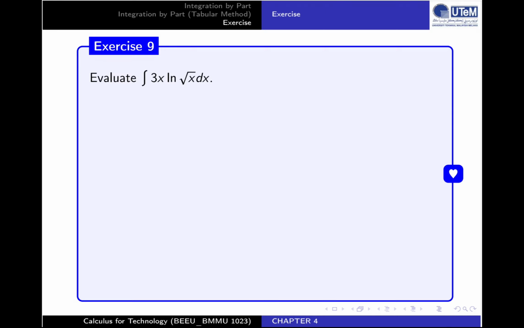Now look at exercise 9. We want to evaluate the integration of 3 ln square root of x dx. So we can choose u equal to ln square root of x, so your dv equal to 3x dx.